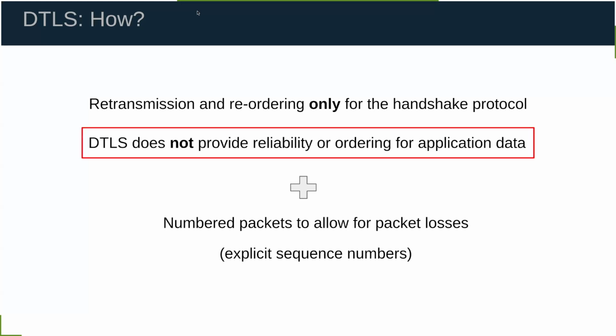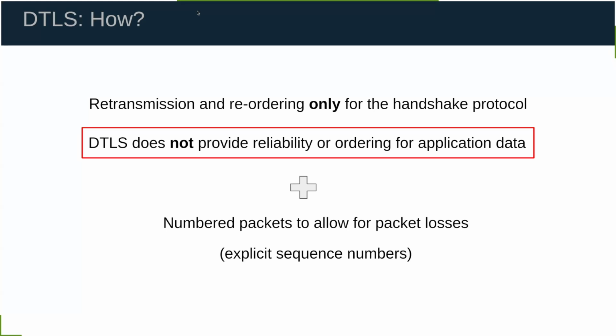And we don't provide any guarantee of delivery or ordering for the application data. Because DTLS doesn't provide reliability for application data, we can miss some packets. In order to decrypt a packet, we need to know its sequence number, because it is needed for a successful decryption.